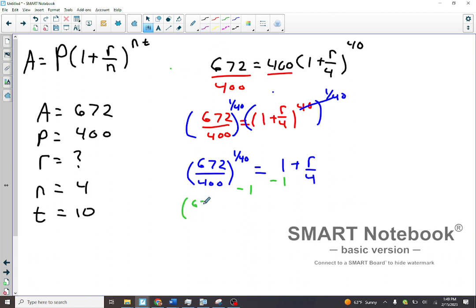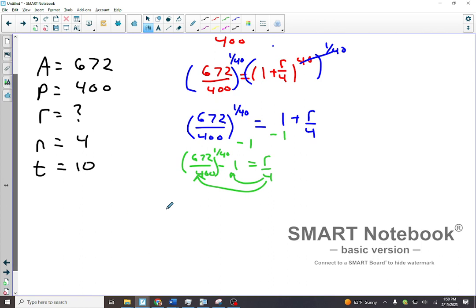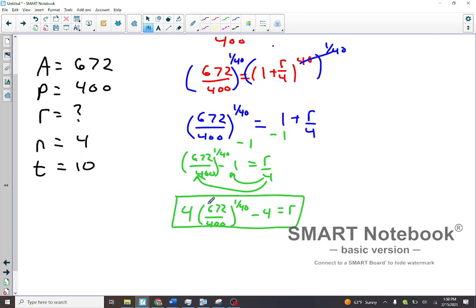So 672 divided by 400 to the 1/40th power minus 1 equals R over 4. And then I'm going to multiply by 4. If I multiply by 4, I have to distribute. So the last thing it's going to look like before I put it in the calculator: 4 times 672 over 400 to the 1 over 40, minus 4 equals R. And I would just type that into my calculator.